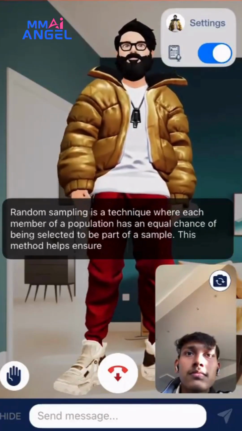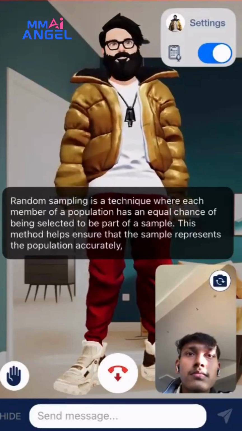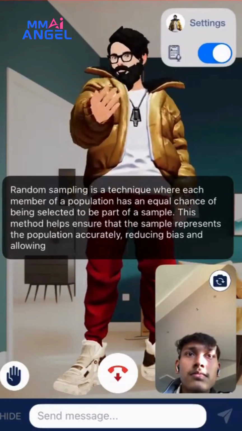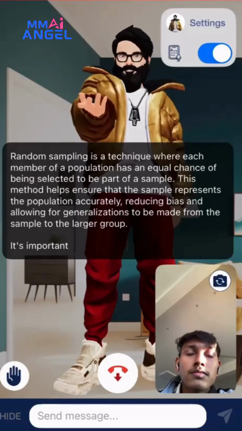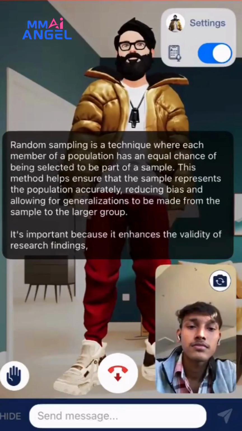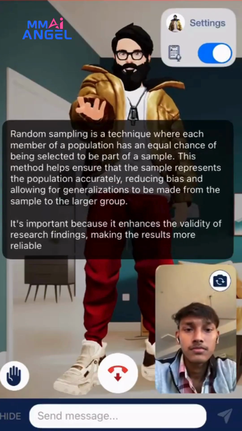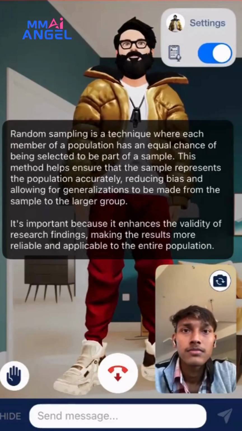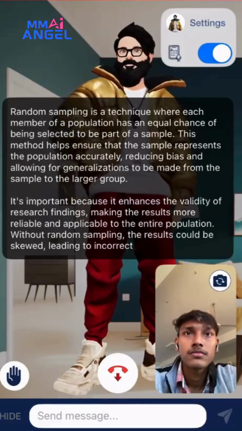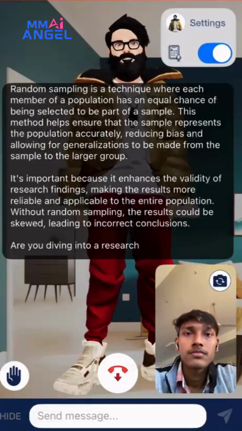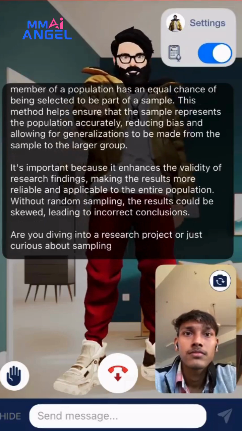This method helps ensure that the sample represents the population accurately, reducing bias and allowing for generalizations to be made from the sample to the larger group. It's important because it enhances the validity of research findings, making the results more reliable and applicable to the entire population. Without random sampling, the results could be skewed, leading to incorrect conclusions. Are you diving into a research project or just curious about sampling methods?